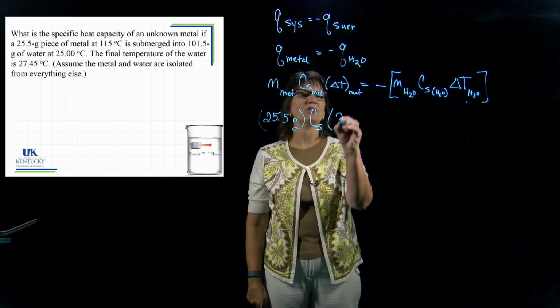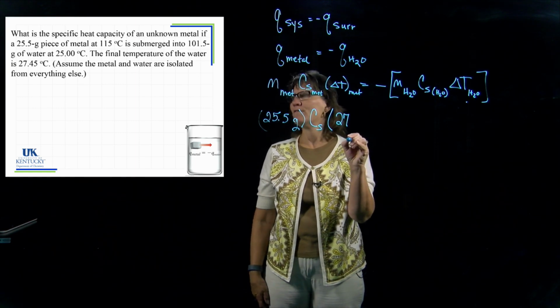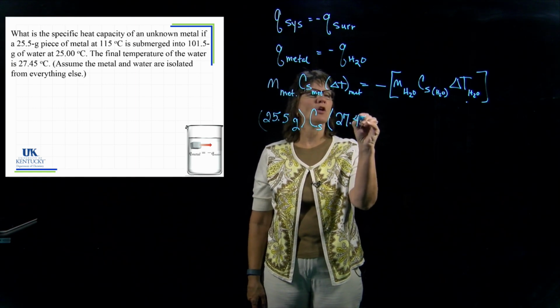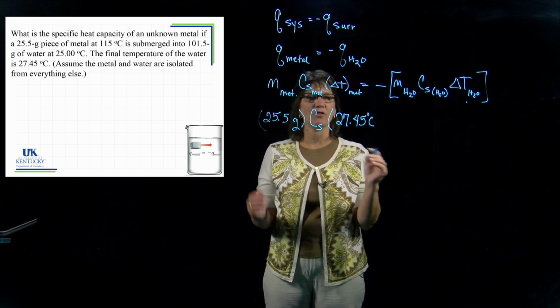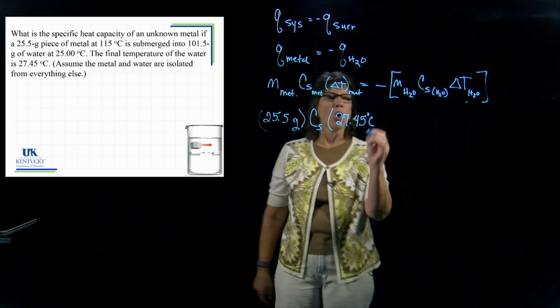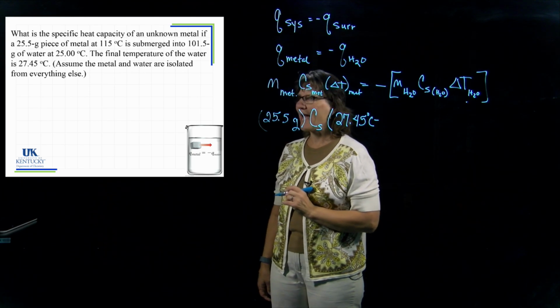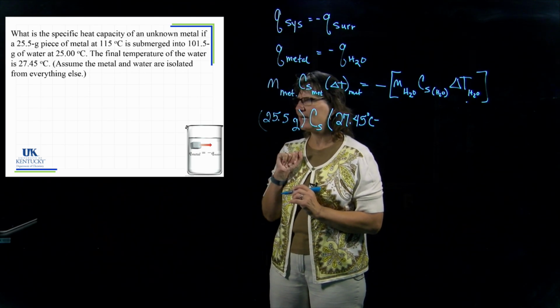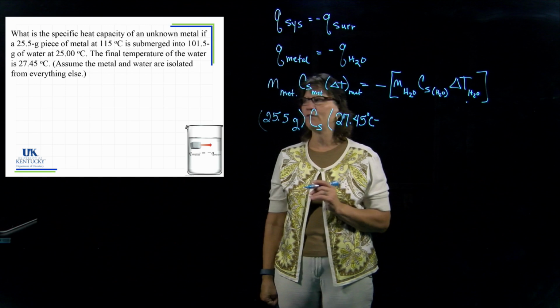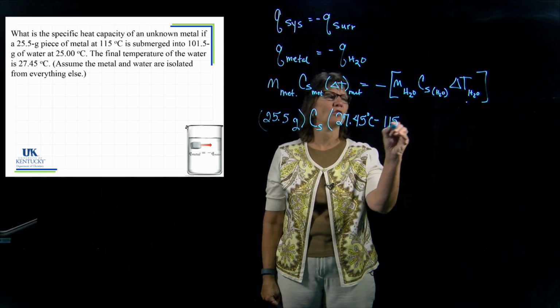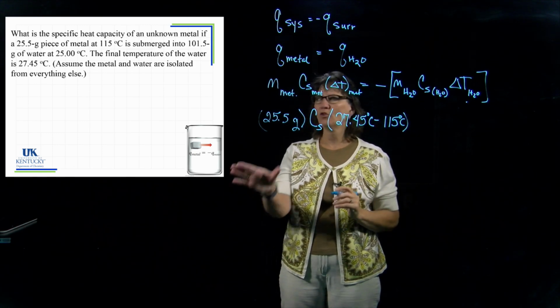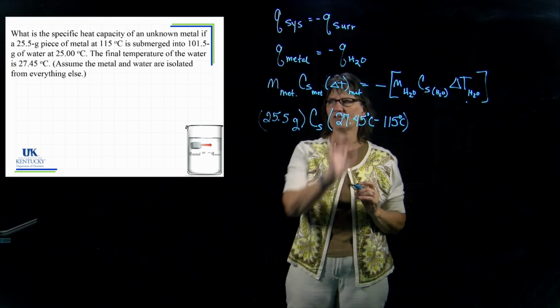So that's the final temperature. They both go to the same final temperature, and that's always going to be the case if you wait long enough in a thermal transfer situation. Well, what temperature did it start out as? Well, let's see. It said it heated that metal up to 115 degrees Celsius before it submerged it. So that's the left-hand side of this equation.